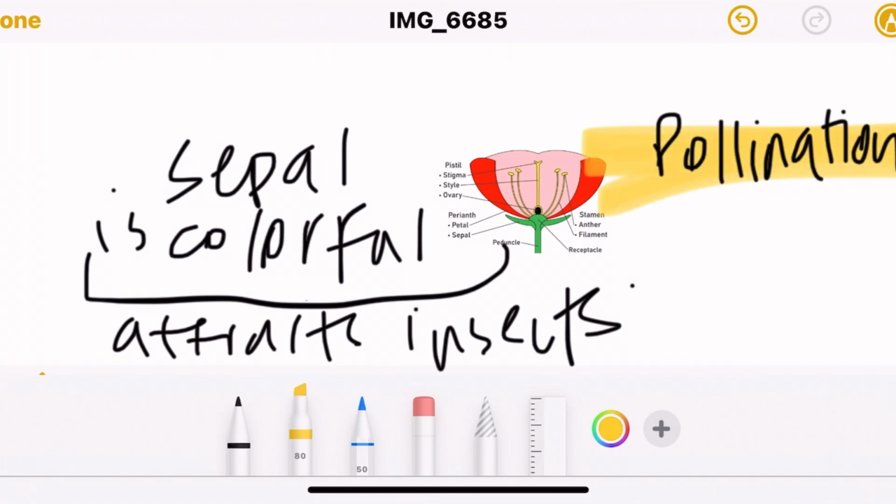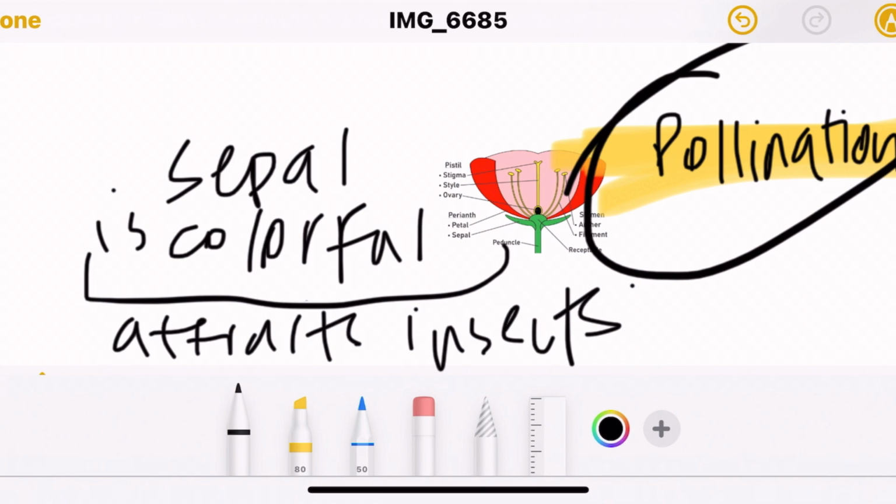Pollination is very important to a plant because it helps in the spread of the pollen. So it helps in cross pollination, and it's very important for the plant to be adapted to its environment. It's very important for the plant to be strong and resistant to diseases.